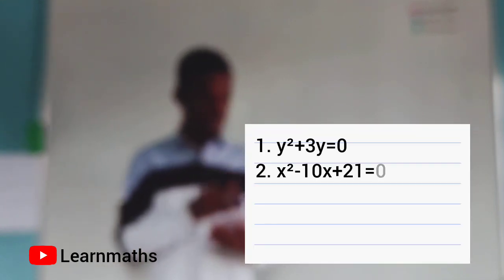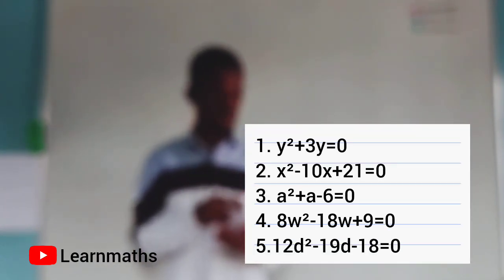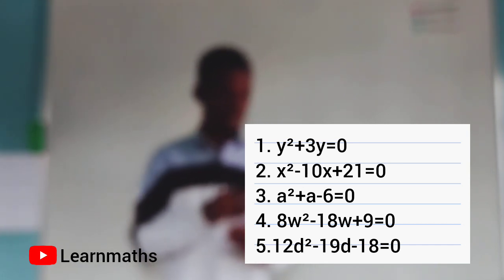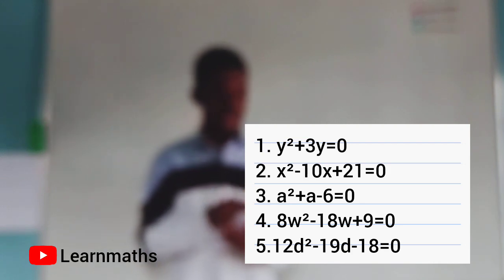For the practice today, these are the questions we're going to factorize. The first quadratic equation is y squared plus 3y equal to 0. The second quadratic equation is x squared minus 10x plus 21 equal to 0.